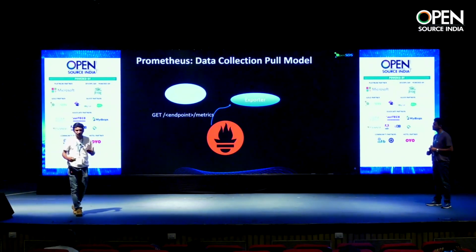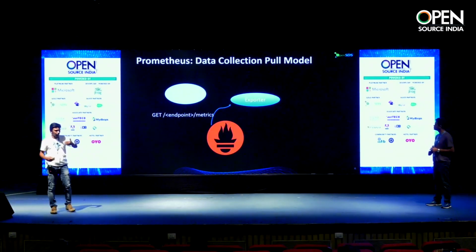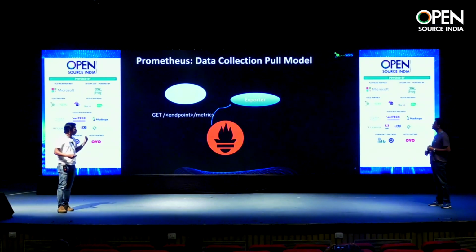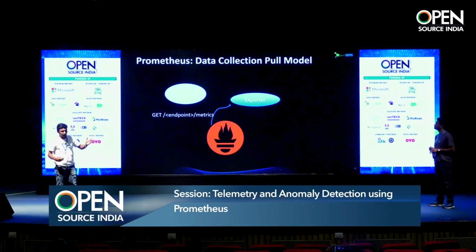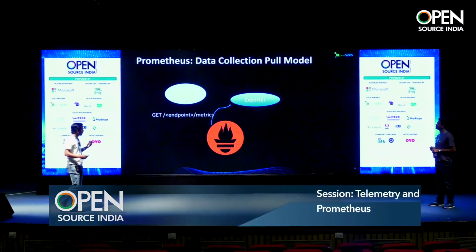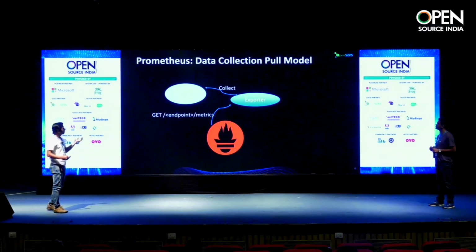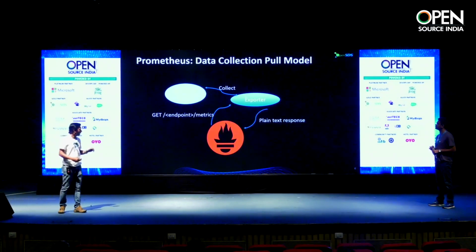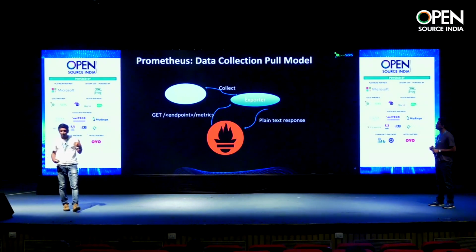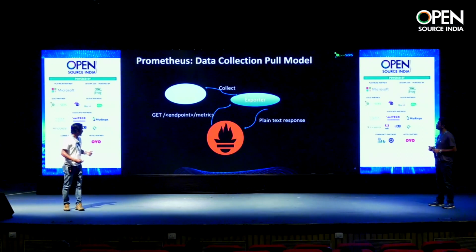We have to set the scraping interval in the Prometheus configuration file. During that scraping interval, it will connect to the exporter endpoint and scrape the metrics. Now what the exporter does is, the exporter collects metrics from the resource and keeps them in plain text format as in the data model, and the plain text response will be read by Prometheus. This is the pull way of collection.